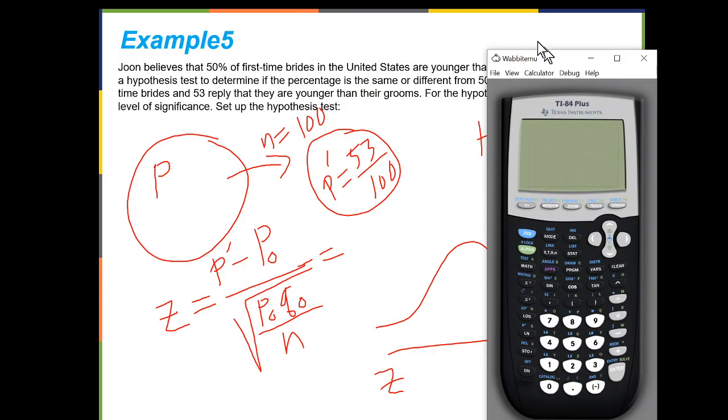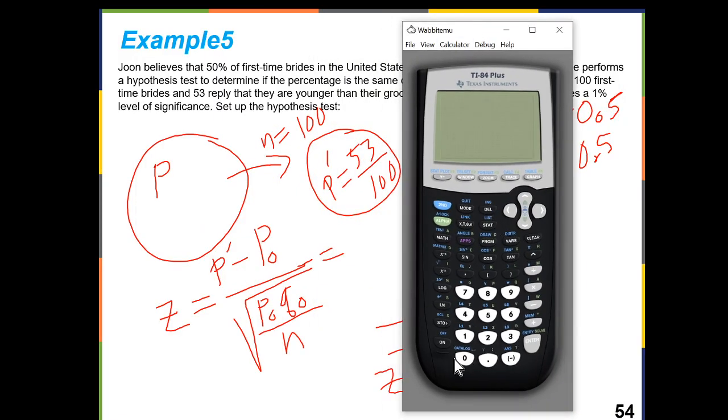So that number is going to be p prime, which is 53 divided by 100. Well, 53 divided by 100 is just 0.53, right? And minus the p that is hypothesized, which is 0.5. So that's the numerator.